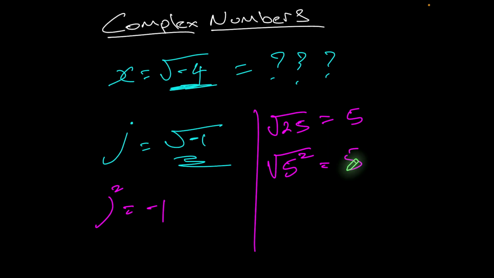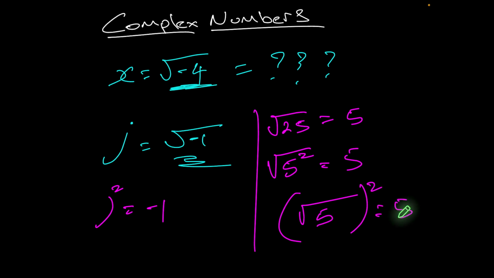So that's the same principle here, where if we were to square the square root of 5, that would still give us just 5. So if we do j squared, we end up with -1, because j squared is the same as squaring the square root of -1. So that's the first bit there. So j will represent root -1.